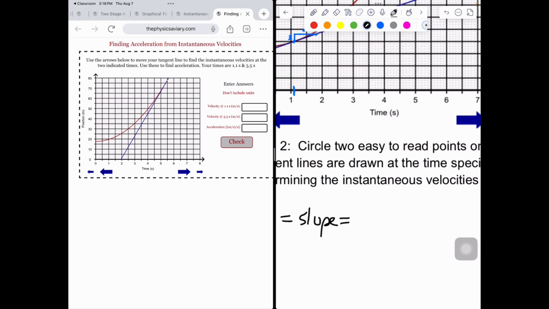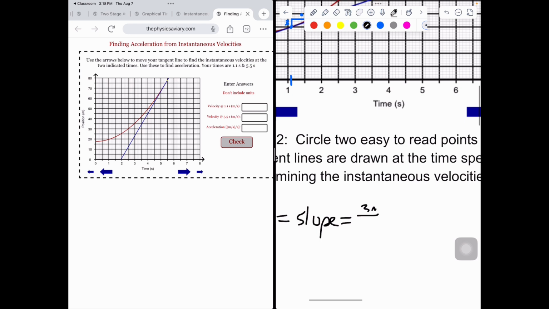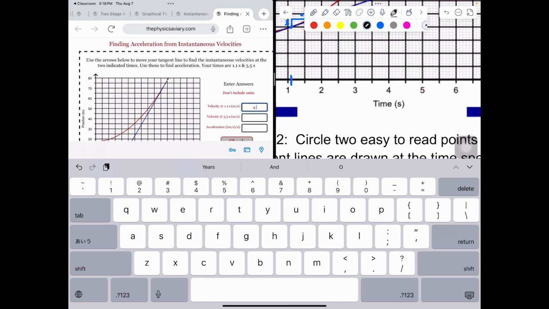So I'd be looking at 3 meters over 0.7 seconds, and that's 4.29 meters per second. So I'm going to need that. That's an answer I have to put in here too, so I'm going to box or circle it, 4.29.